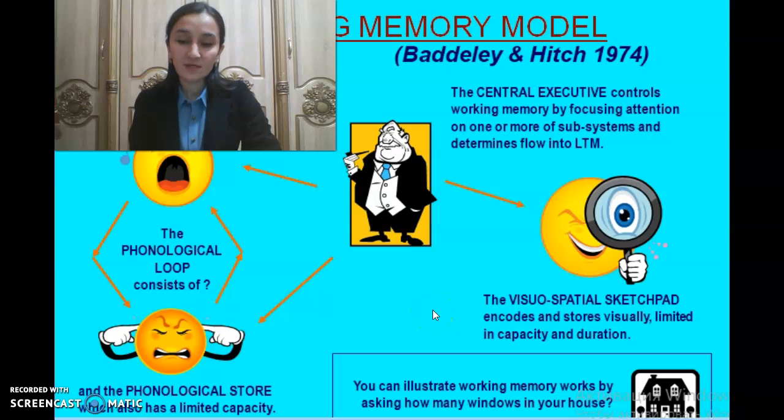Here we can find the answer: what is the phonological store, which also has a limited capacity. Our phonological acceptance also has limits, yeah?